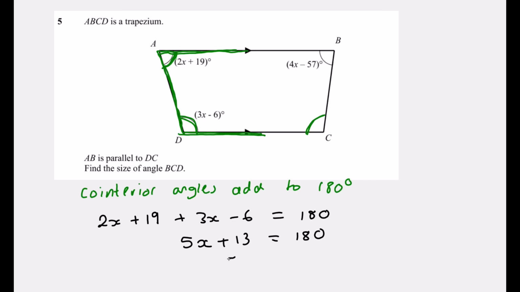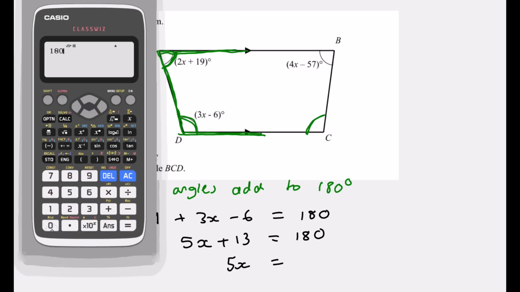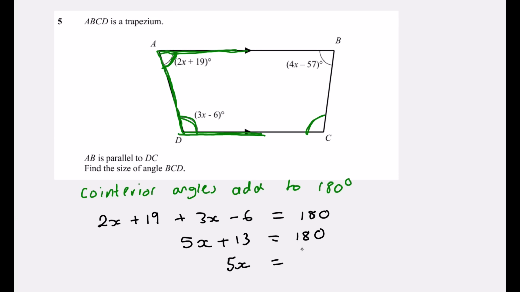Take 13 away from both sides. Remember, we can use a calculator. So you can go 180 take away 13, 167. And then divide both sides by 5. And we find our x is 33.4. So we know x is 33.4.